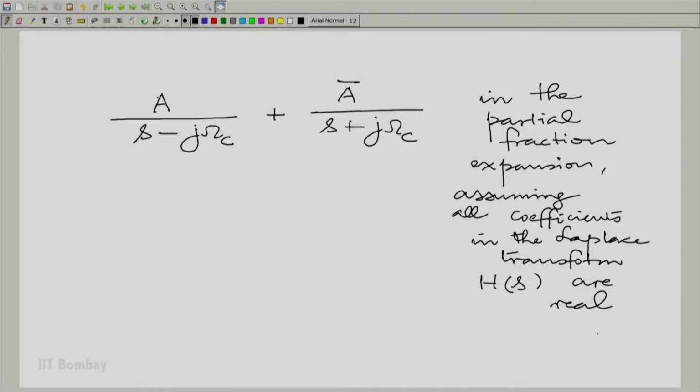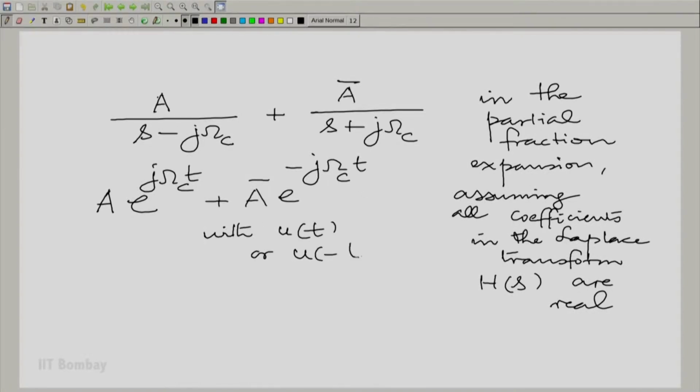And this essentially contributes something like e raised to the power j omega c t times A plus A bar and the same complex conjugate with u of t or u of minus t, does not matter. So, essentially it is a sum of two complex conjugate quantities.